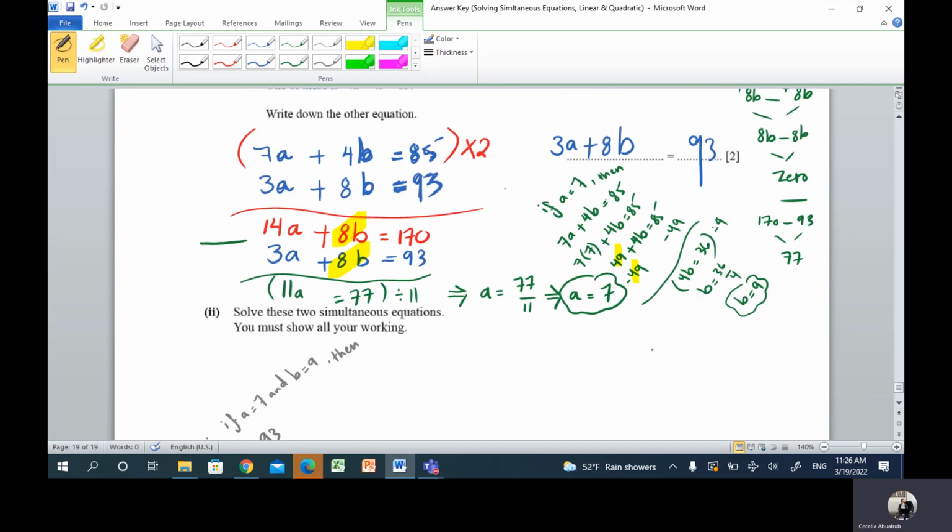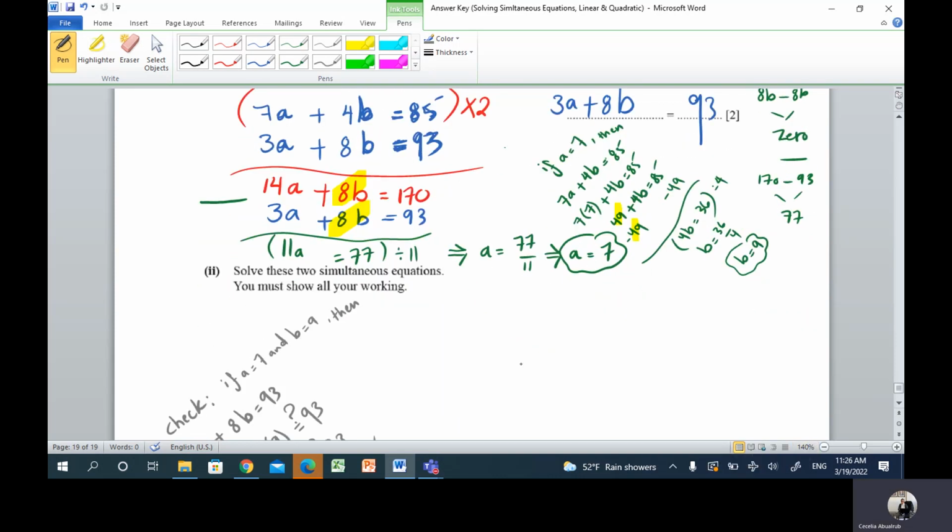And we can also check on the first equation. So here we can say if A is equal to 7 and B is equal to 9, another checking, then the first equation is 7A plus 4B is equal to 85.